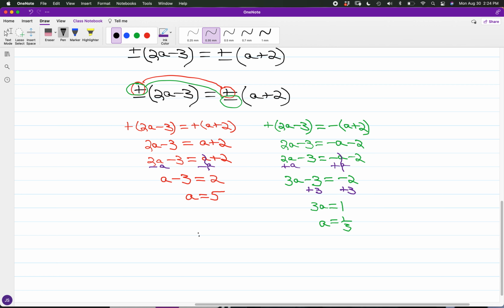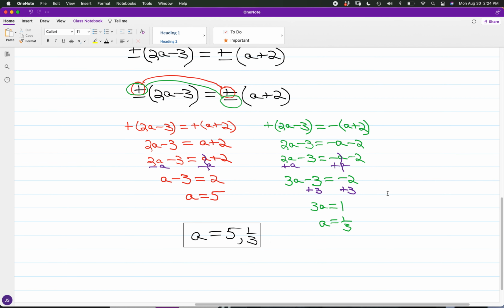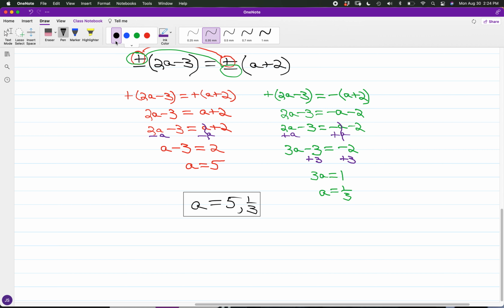Okay, so we do have a at 5 and also at 1/3. Okay. All right. Now, for what we have in crossing over, just going from what we have in absolute value equations, at the start I did mention that we'll be looking at going back to radicals.